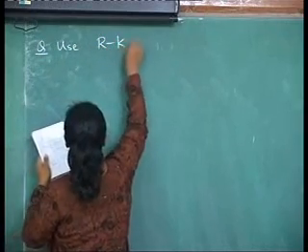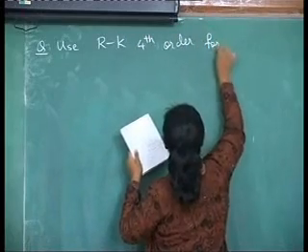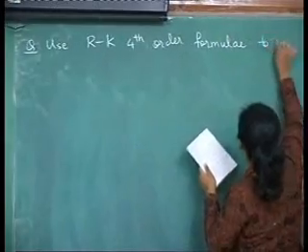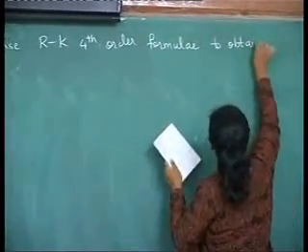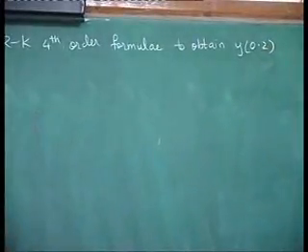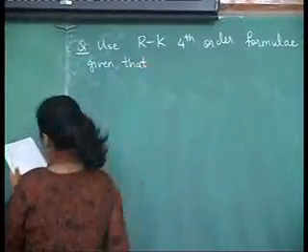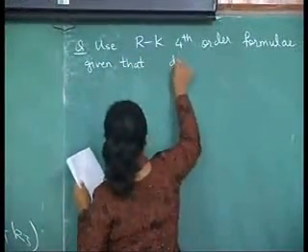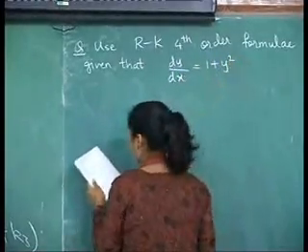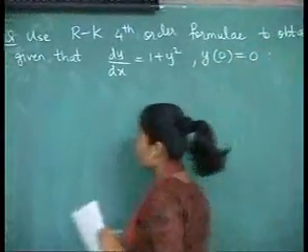Use Runge-Kutta fourth order formula to obtain the value of y at 0.2, given that dy by dx is equal to 1 plus y square, and initial condition is y at 0 equal to 0.